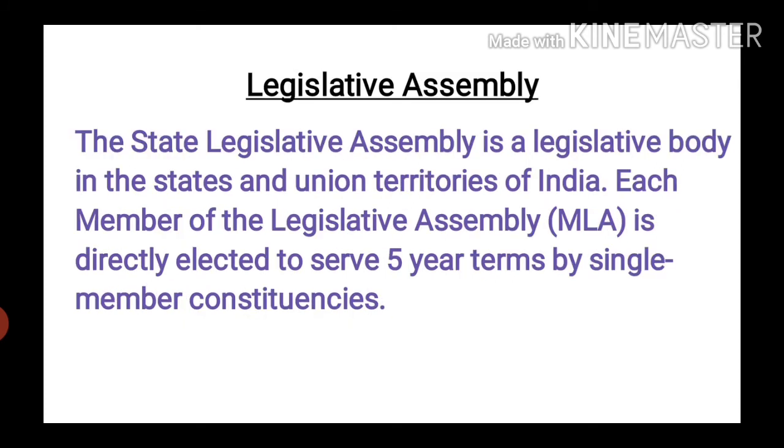The state legislative assembly is a legislative body in the states and union territories of India. Each member of legislative assembly is directly elected to serve 5-year terms by single member constituencies.